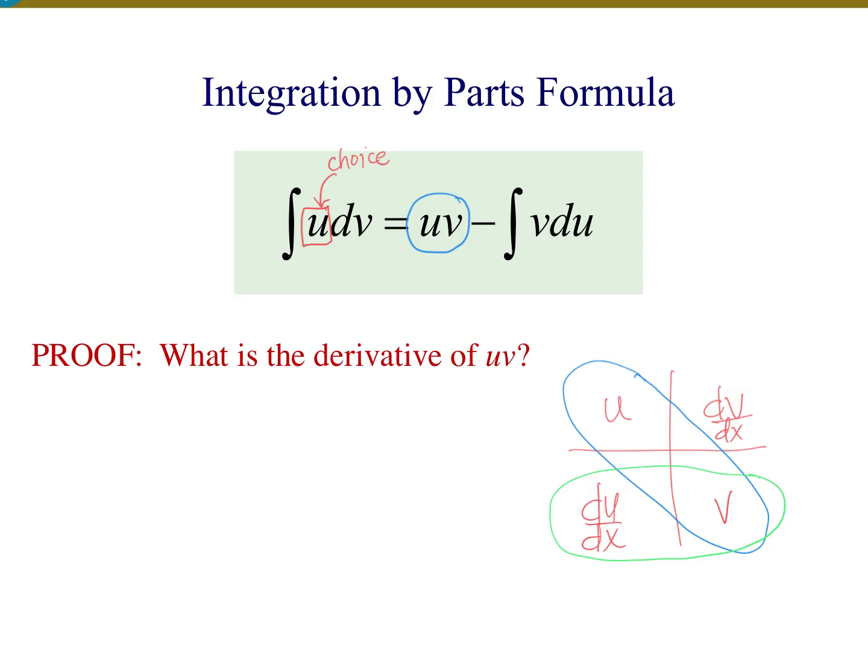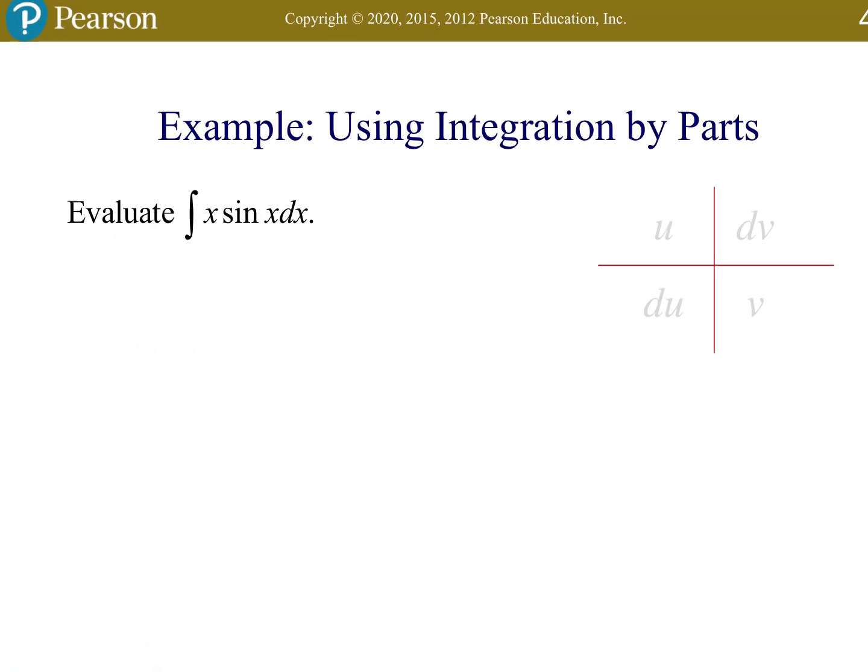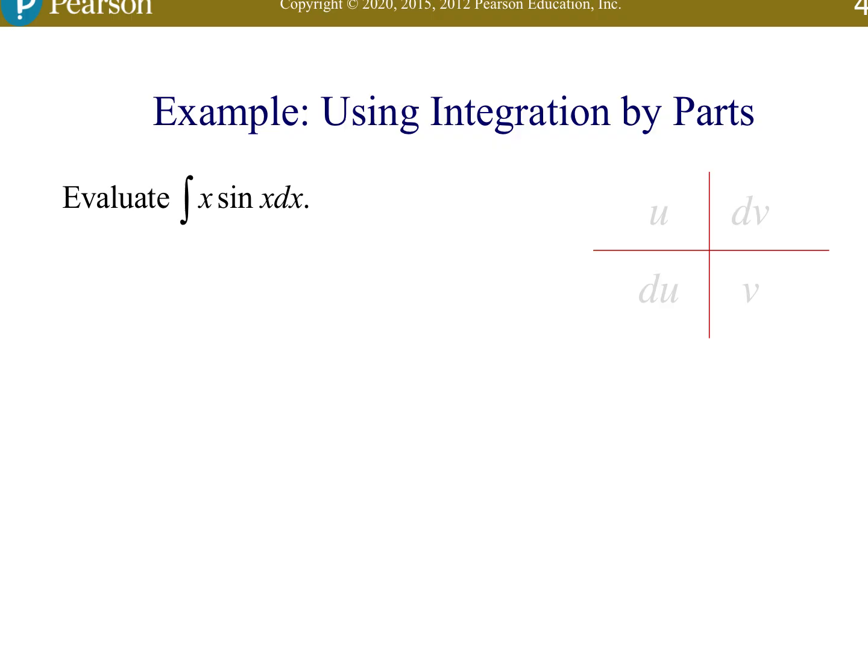Hey, is that kind of looking familiar? Okay, we haven't done it in 7 months, but you've seen it before. Okay, so let's try. So you just have to recognize, okay, this is a product of two functions that follow the LIPET. I have a power. Okay, x is considered a power. It's power 1.